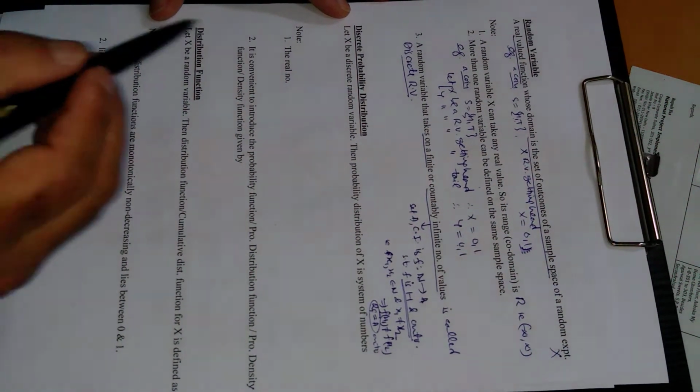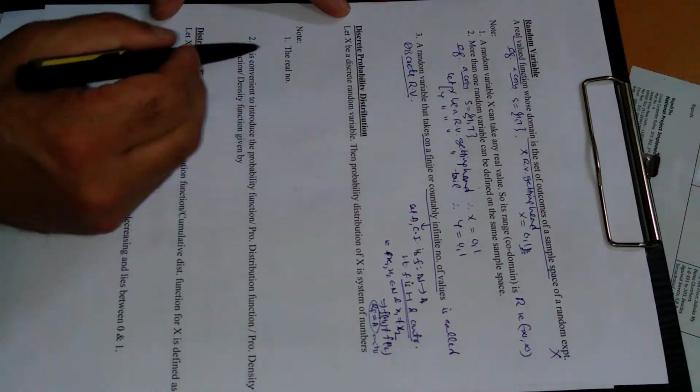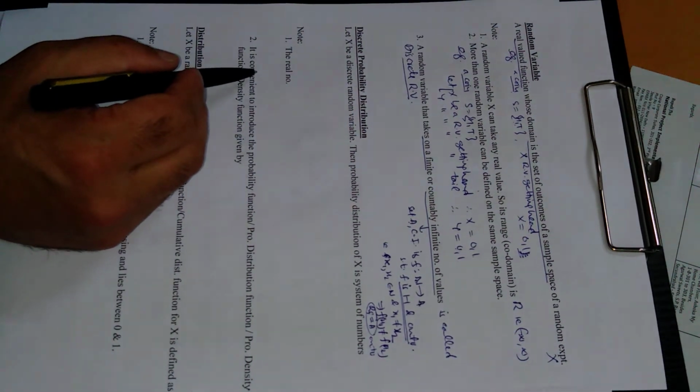So simply, a discrete random variable means one which takes on finite values.